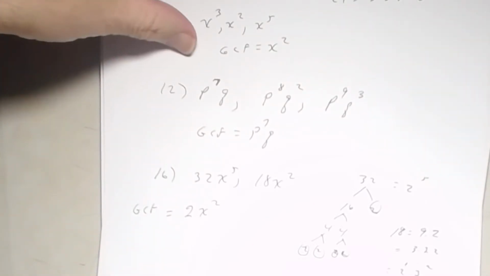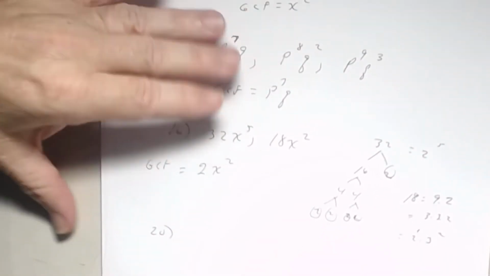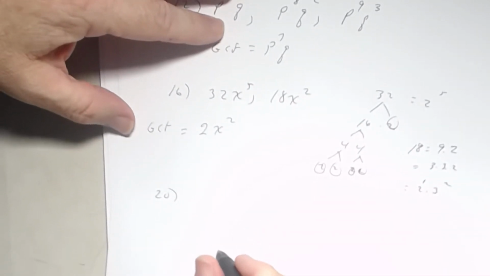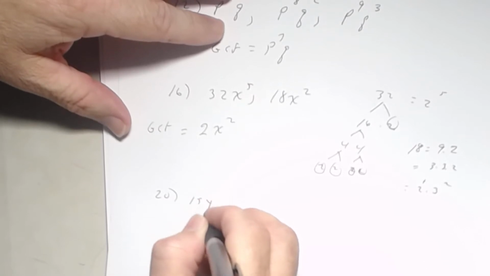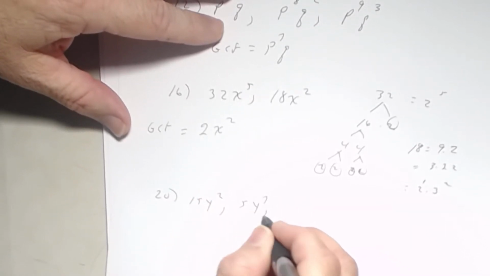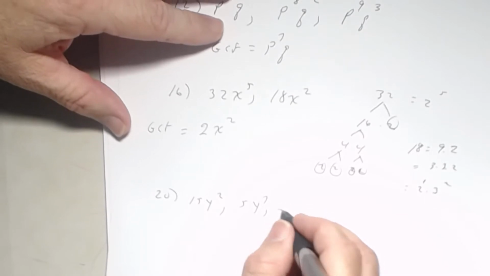Number 20. You have 15y squared, comma, 5y to the 7th, comma, and then negative 20y cubed.